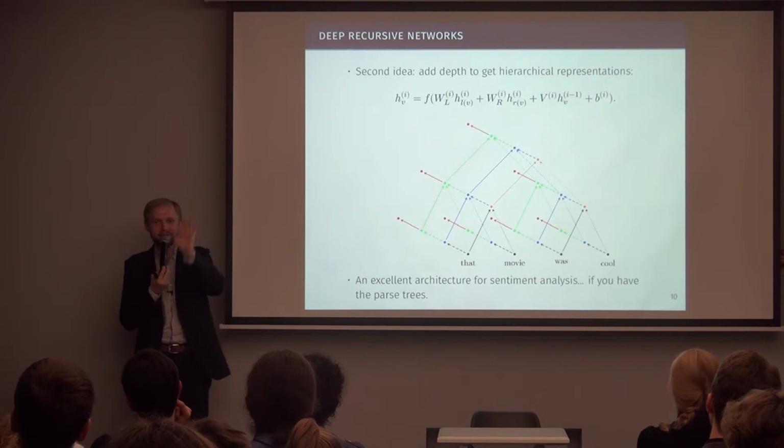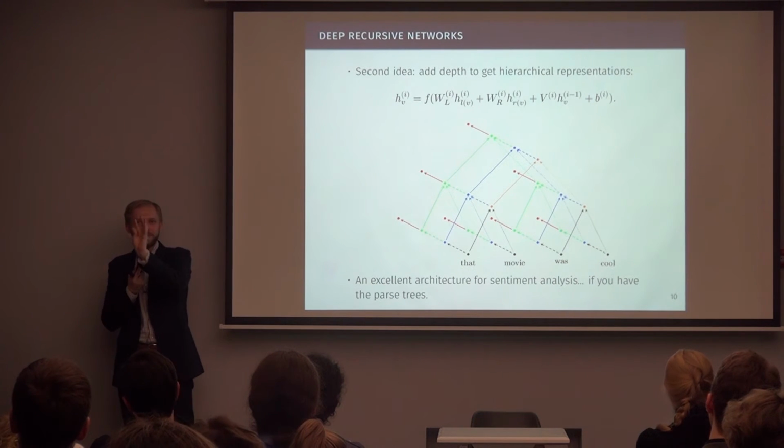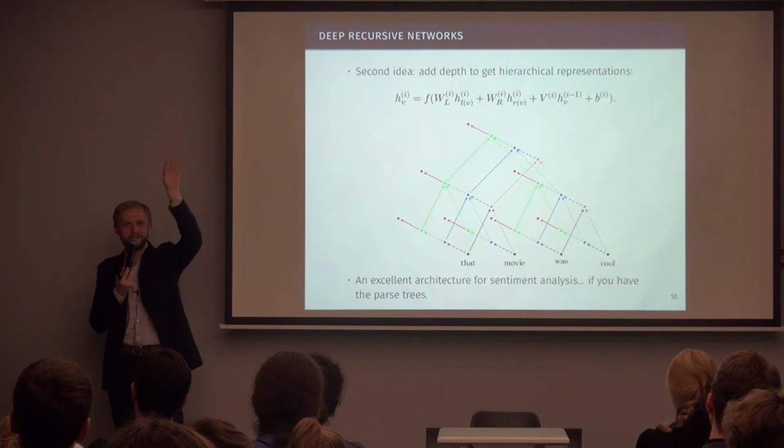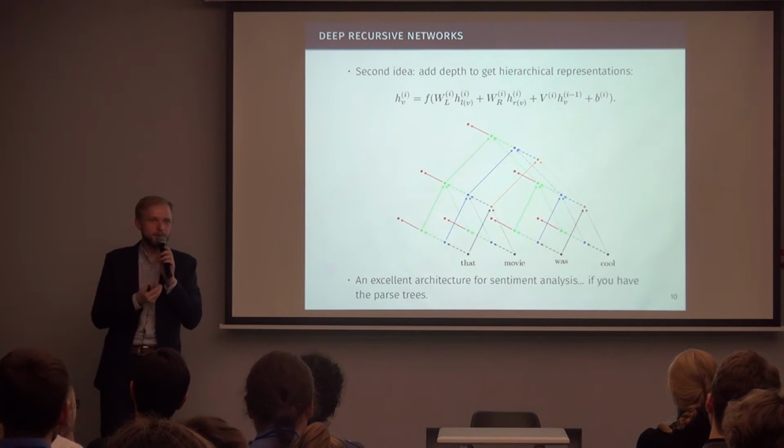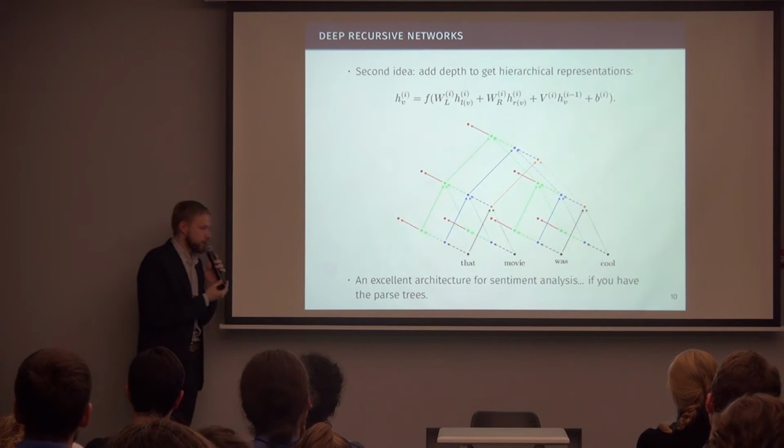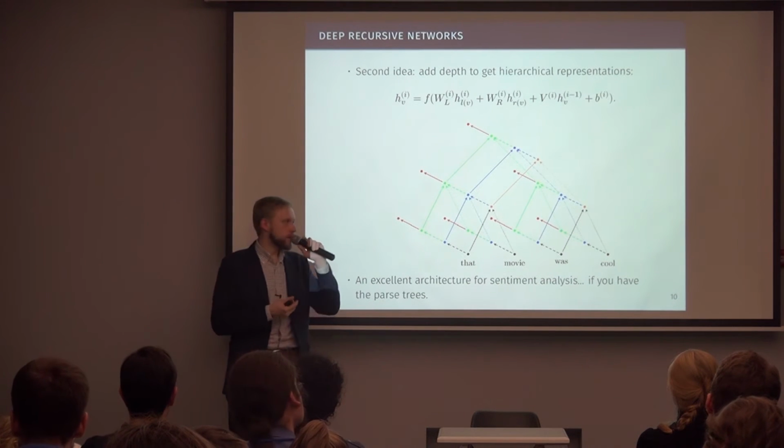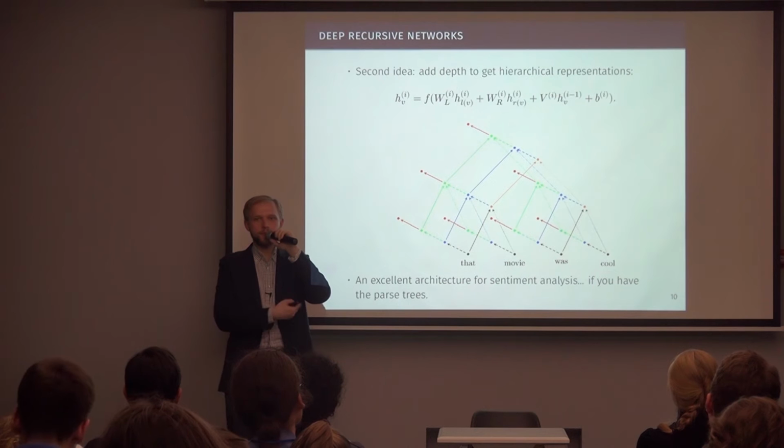Like this part of the sentence is positive, but then you have a node and it becomes negative. So if you have this sort of labeling, then of course all of this works very well.